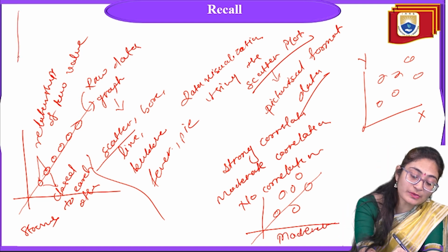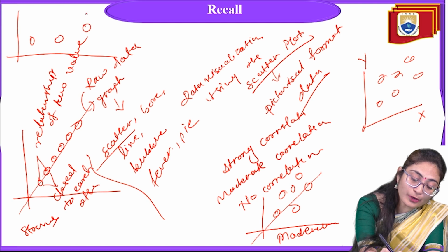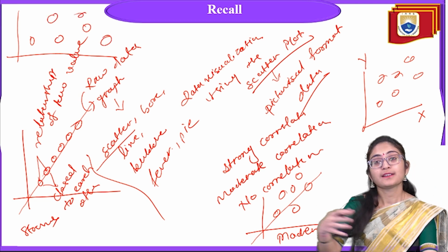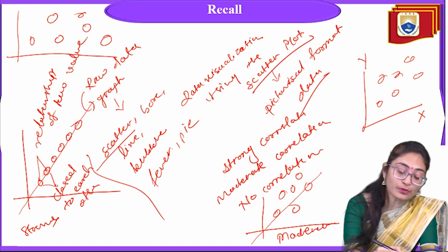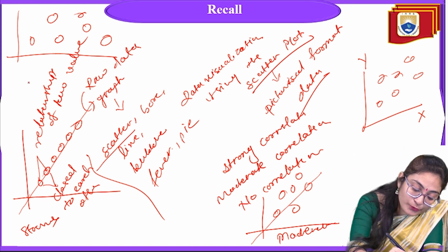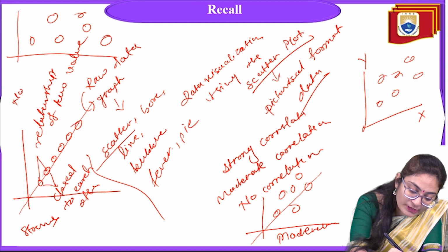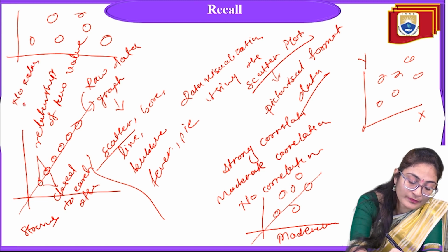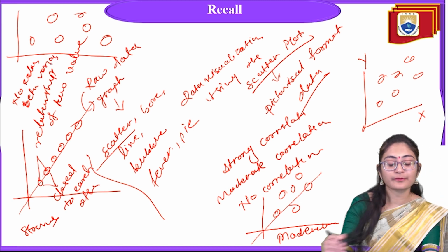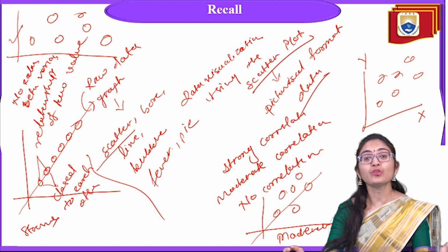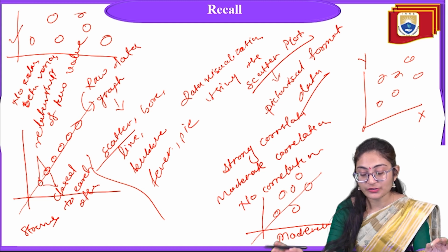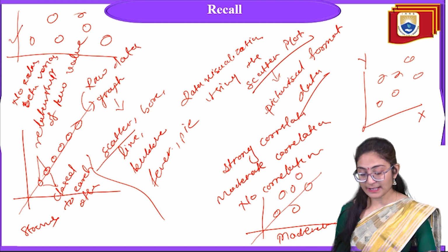And no correlation means your points are scattered in the plot. So here you cannot show any relationship between the variables, or between the values. So this is showing no correlation. This is all about the scatter plot.